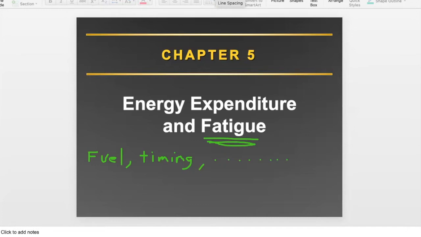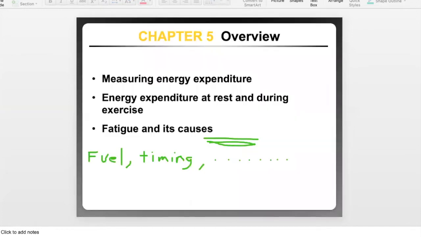And in the discussion, the chapter is broken down into the following structure. Chapter 5 starts with a discussion of how to actually measure energy expenditure. The easiest way that you're going to want to do it is go online, right?